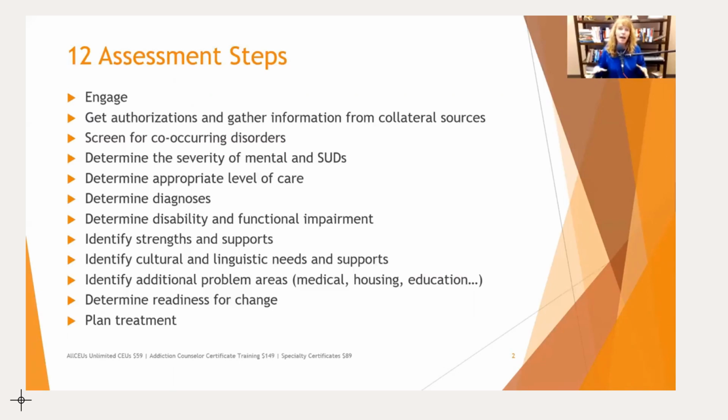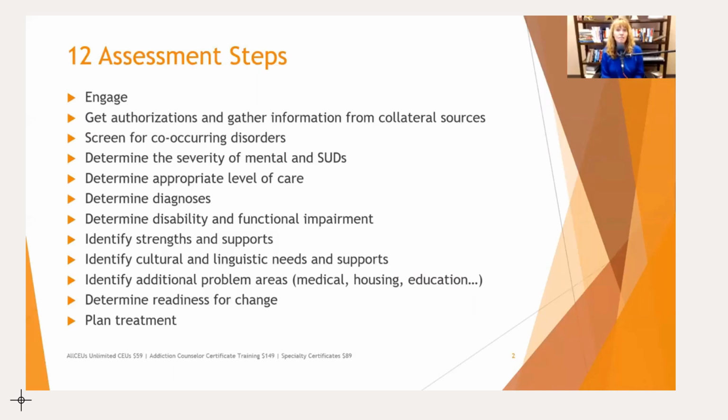So you may have somebody who has a moderate alcohol dependence issue, but they have really significant clinical depression. So you're going to be dealing with those differently. Obviously, we need to make sure that we help them get stabilized, and you want to make the appropriate placement recommendation based on the client's needs.